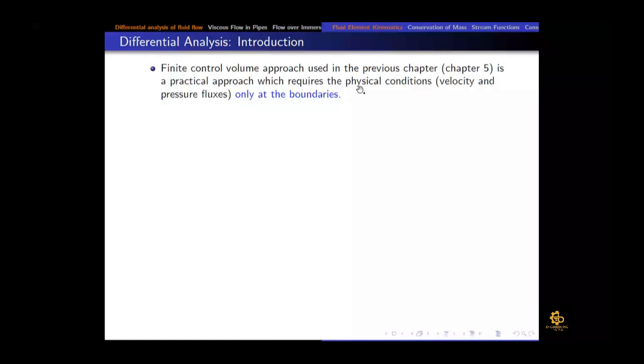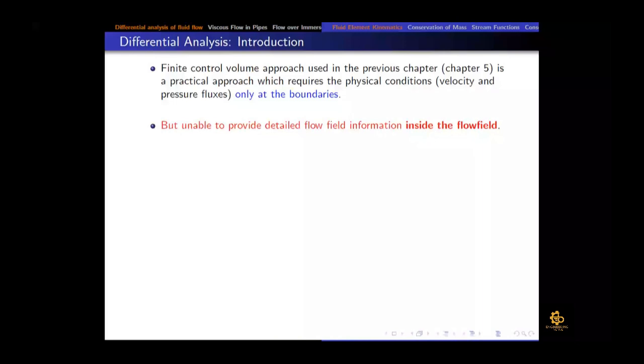So we are not concerned about the detailed flow field. It means that it can only provide some integral properties, but it cannot give you the detailed flow field inside the volume of interest.